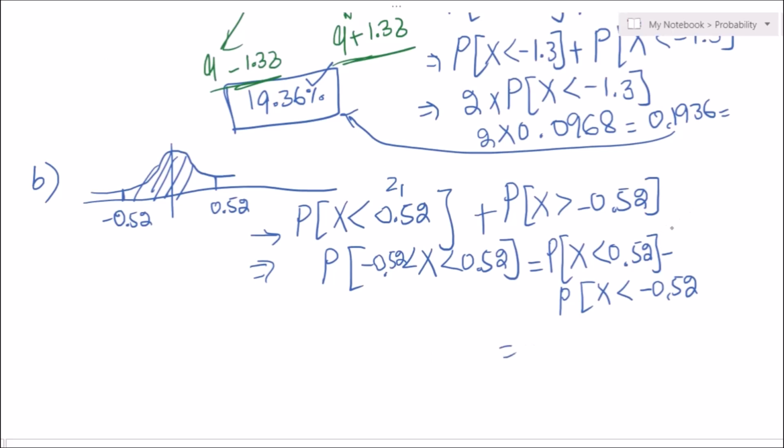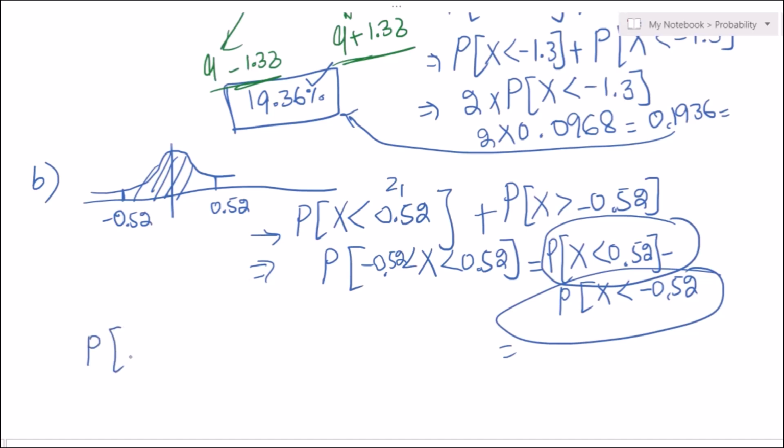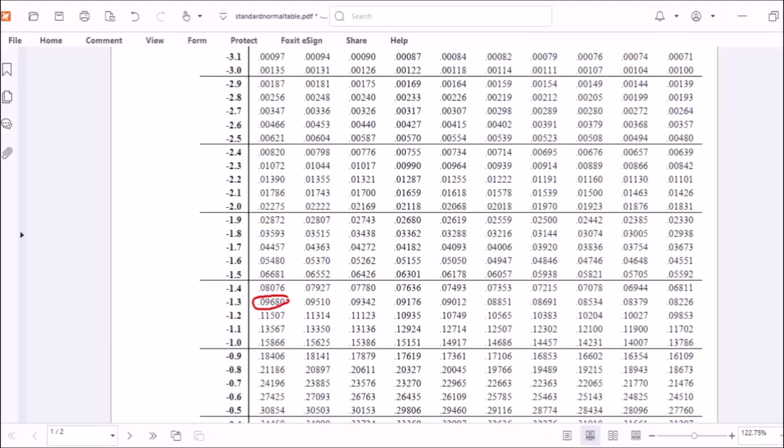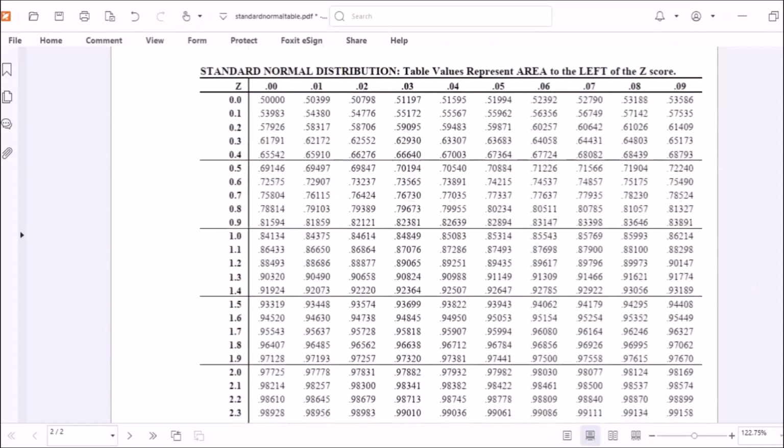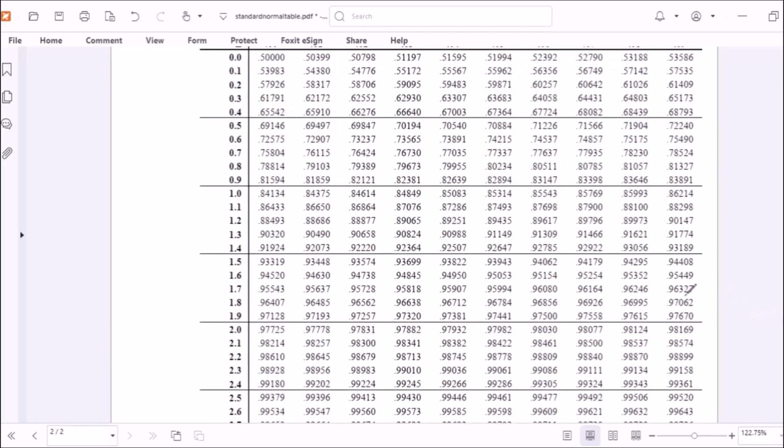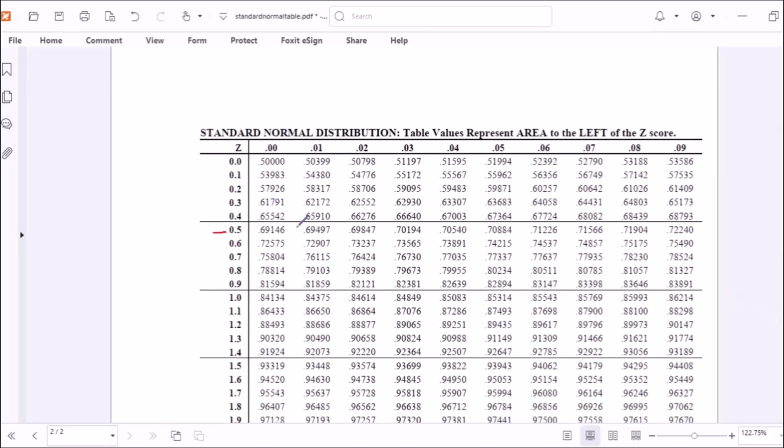Let me find them out by the z distribution table. First, x is less than 0.52, so this is 0.5 and this is 0.52, so 0.6984.